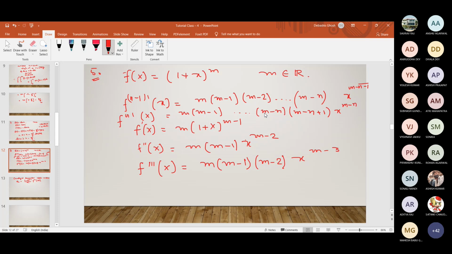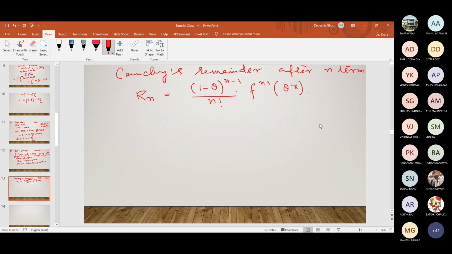Then we change this theta x by theta, so therefore you have 1 minus theta whole to the power n minus 1 by n factorial.